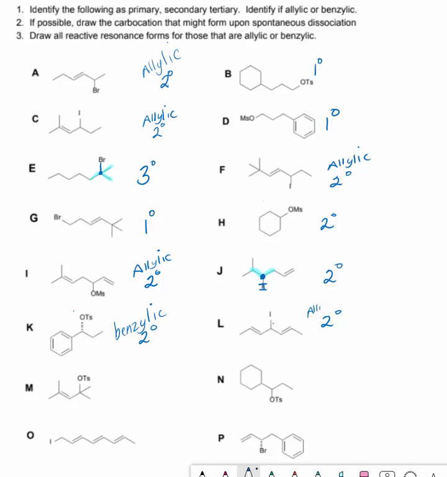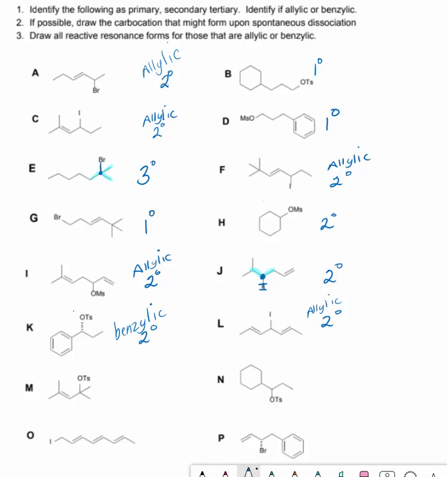That makes this allylic, and we have more than one resonance structure. Not only can we form a carbocation between the 2 pi bonds like this, but we could migrate the pi bond over here so that we have our carbocation here, or we could migrate the pi bond over here so that the carbocation is over here.